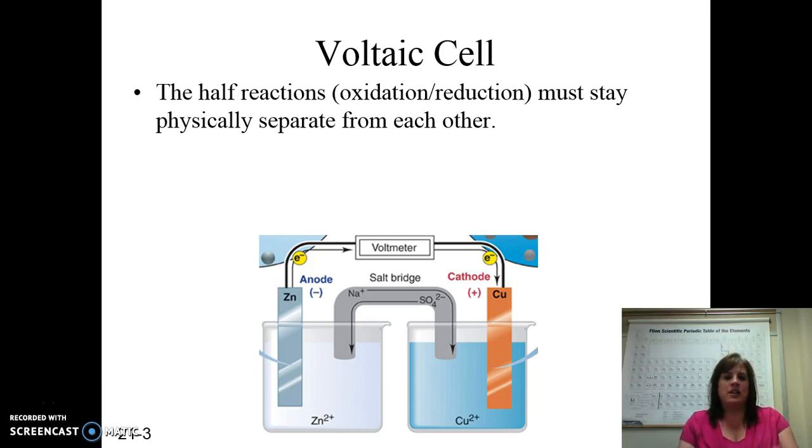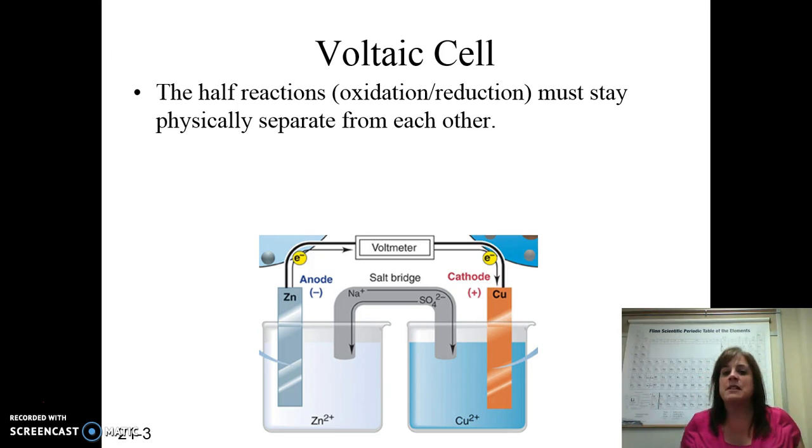Now, let's look in a little more detail at what's going on inside of a voltaic cell. In a voltaic cell, we have oxidation reduction reactions going on, but we have to keep them separate. For example, with the zinc reaction, zinc is going to become zinc plus 2 in one chamber, and then the copper reaction happens in the other chamber.